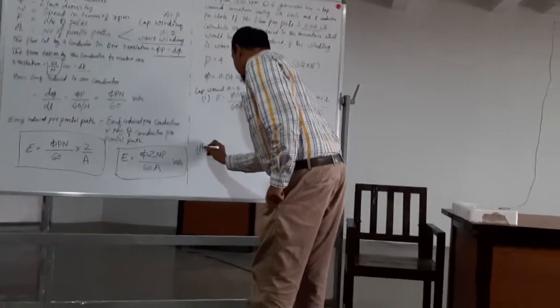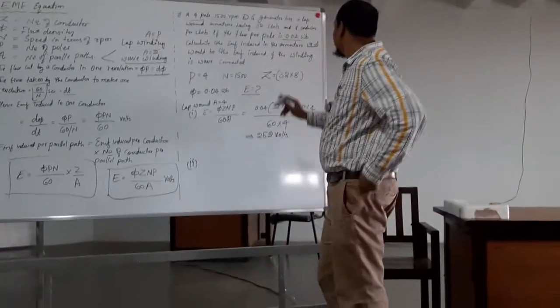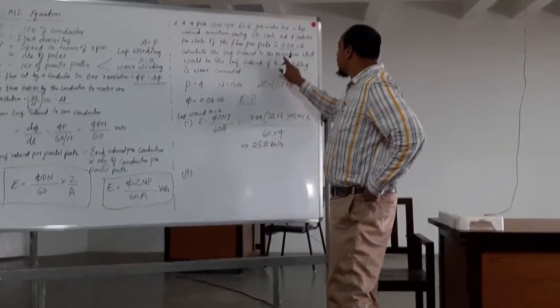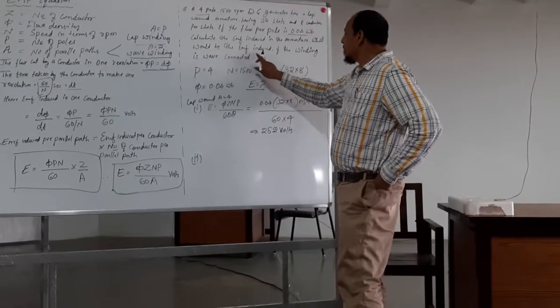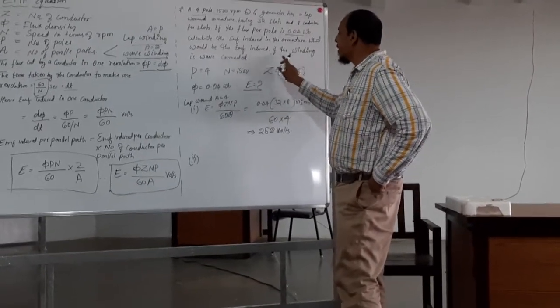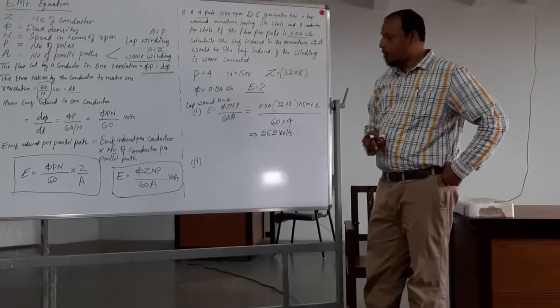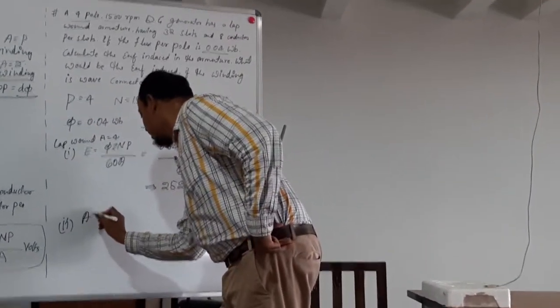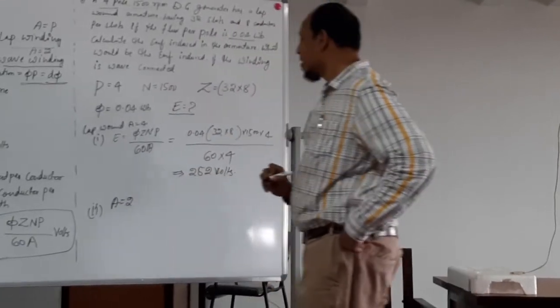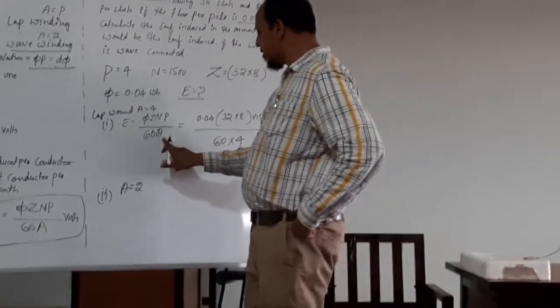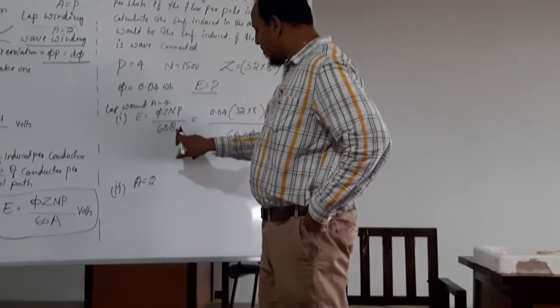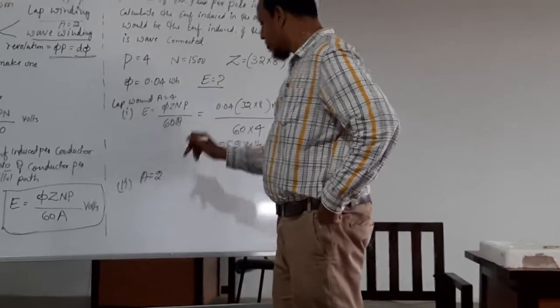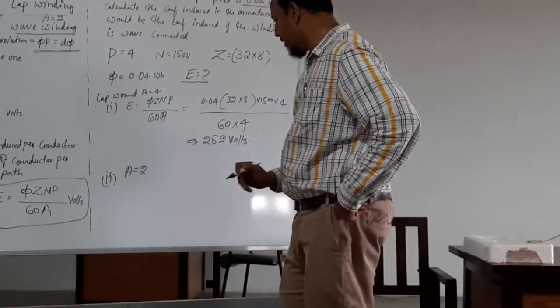The second part asked here is the EMF induced in the armature if the winding is wave connected. Now for wave connection, we know that A is always equal to 2. Substituting here, the number of parallel paths A is equal to 2 for wave winding.